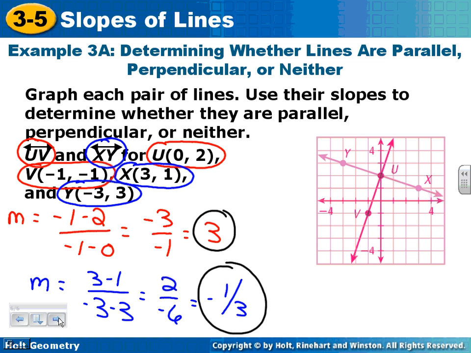That means those two lines, since they are opposite reciprocals, are perpendicular. So my answer is that word right there, perpendicular. If they would happen to come out the same, like the first one I get 3 and the second one I also get a 3, my answer would not be perpendicular, it'd be parallel.